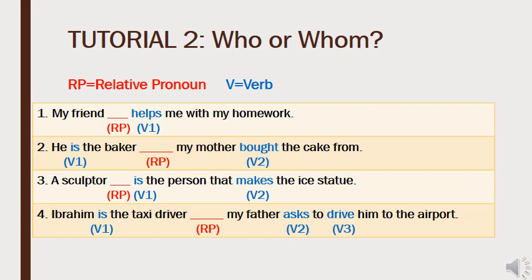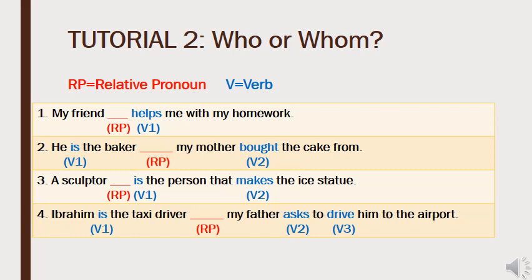So, if the verb is in front, it means that the relative pronoun comes after the verb. So the key word here is after. So if after, which relative pronoun should you use? Yes, it is the relative pronoun whom. Ibrahim is the taxi driver whom my father asked to drive him to the airport.